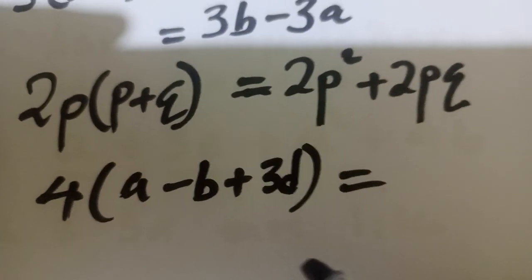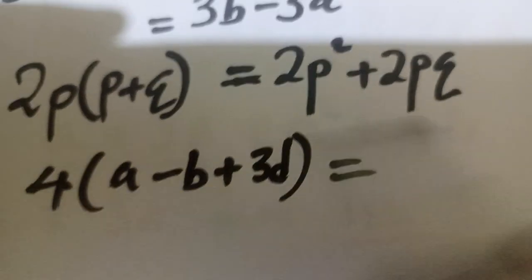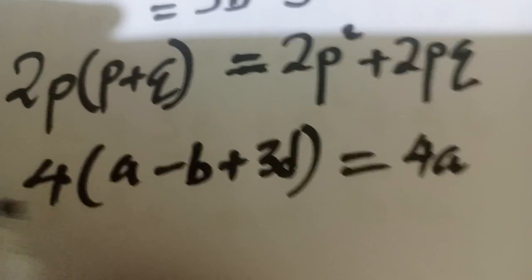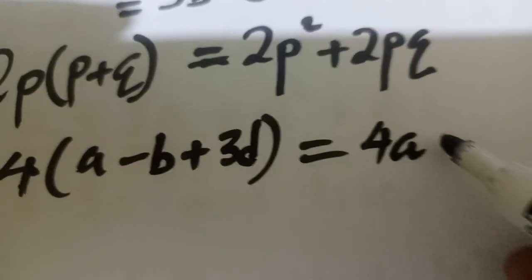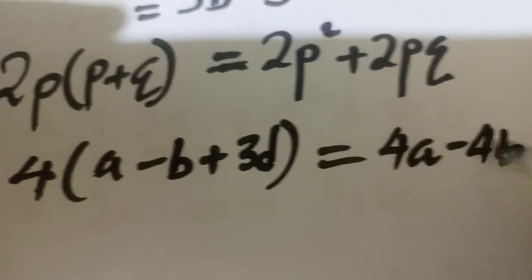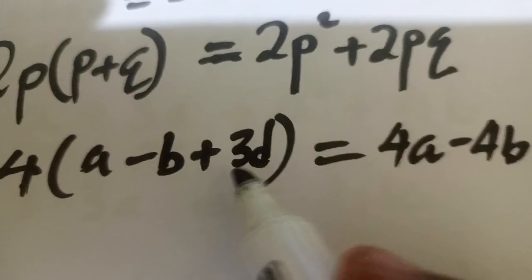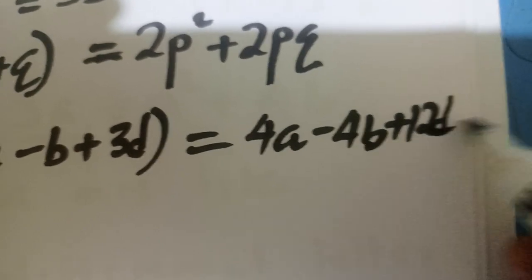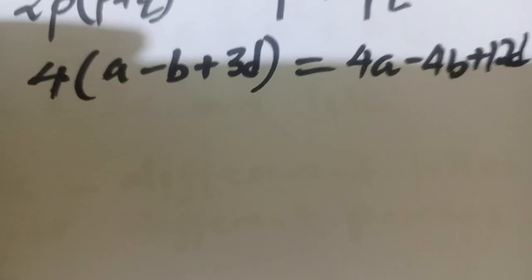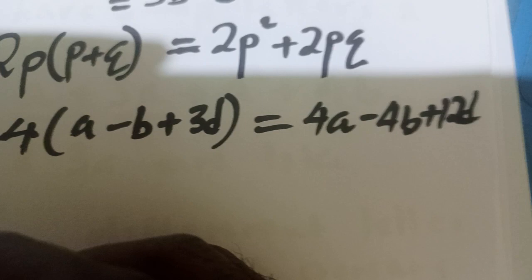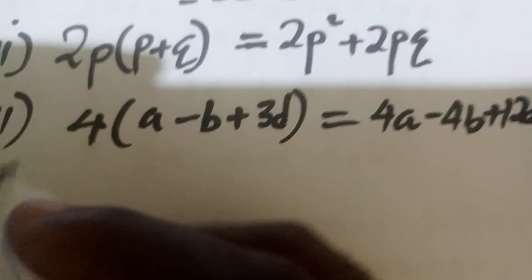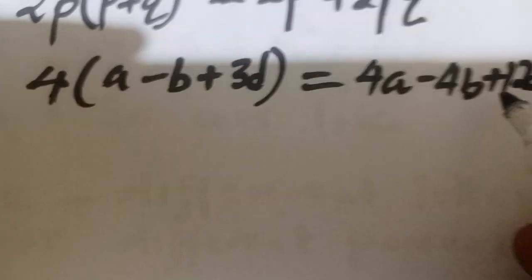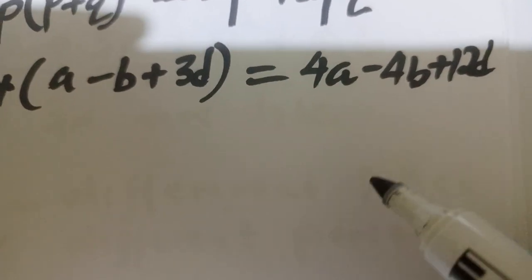So to remove the bracket, it's 4 multiplied by a, 4a, then 4 multiplied by negative b, minus 4b, and then 4 multiplied by 3d, and that gives us 12d. So whatever is outside the bracket affects each and every item inside the bracket. So this is what this reduces to when you remove the bracket.